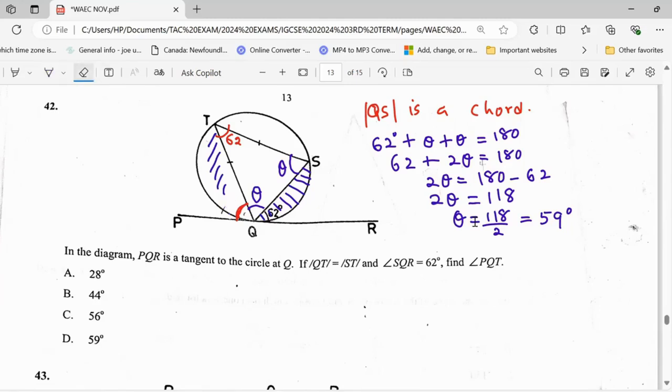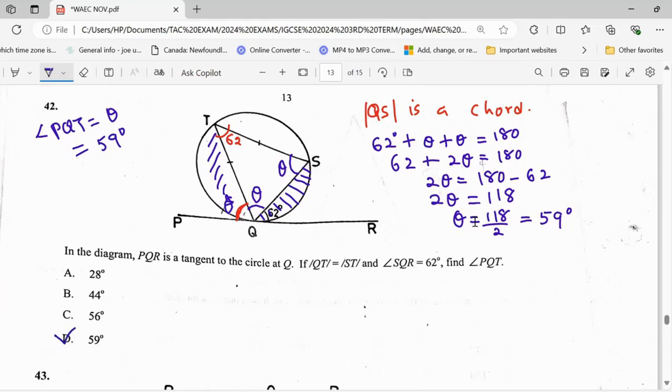So here we are also going to have an angle whose value is equivalent to theta. It means, therefore, that angle PQT is equal to theta, which we have found to be 59 degrees. So mark that option. That's option D.